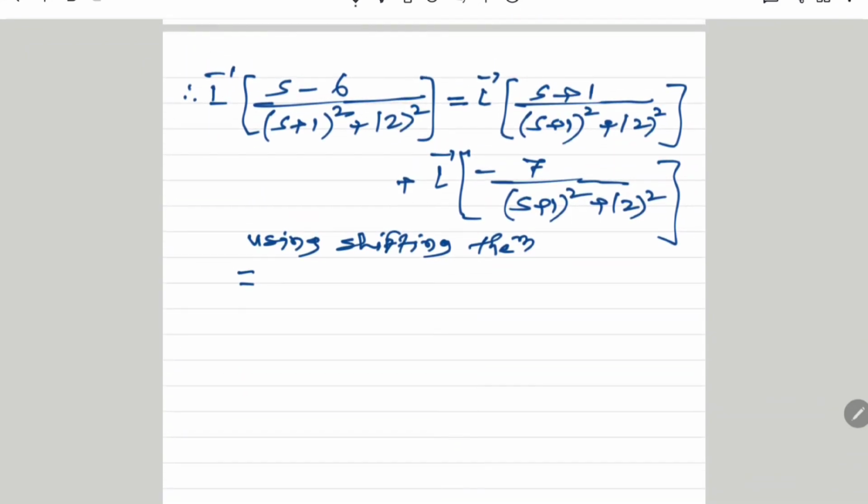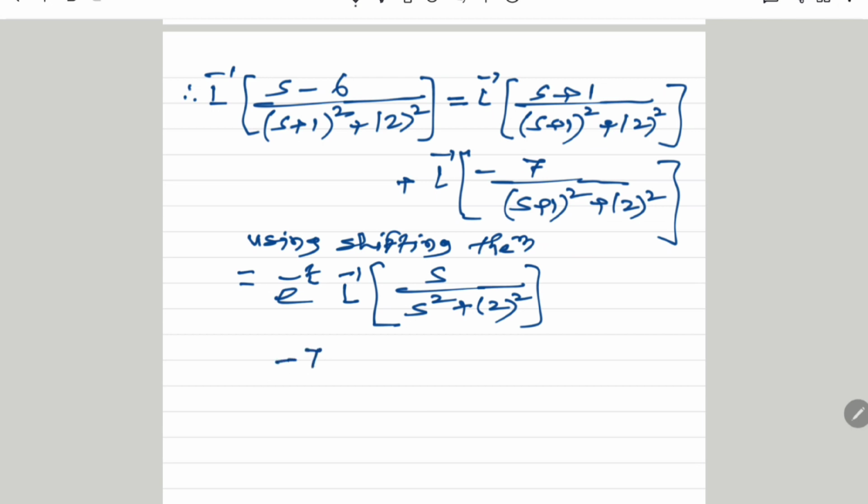We get it is e raised to minus t into inverse Laplace of, neglecting that plus 1, the remaining terms are s upon s square plus 2 square. In the same way, for the second term, minus 7 inverse Laplace, it is e raised to minus t, inverse Laplace of, remaining terms are 1 upon s square plus 2 square.